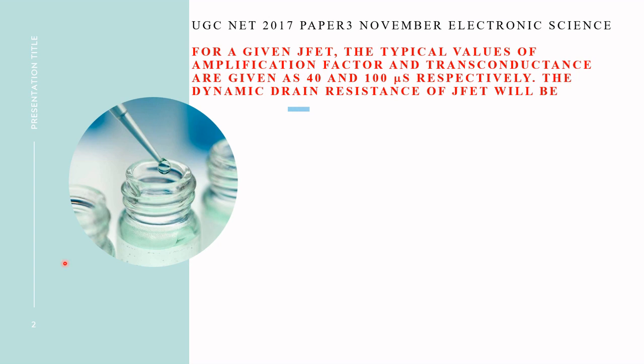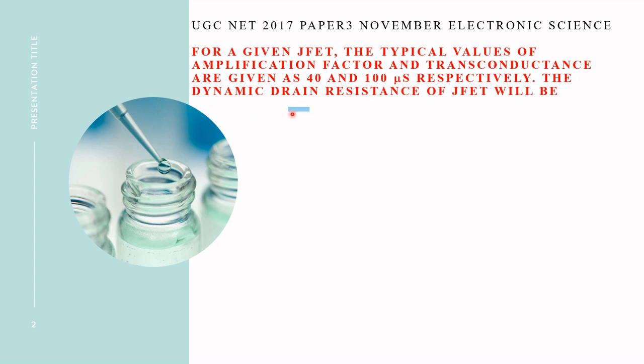The question is, for a given JFET, the typical values of amplification factor and transconductance are given as 40 and 100 microsiemens respectively.